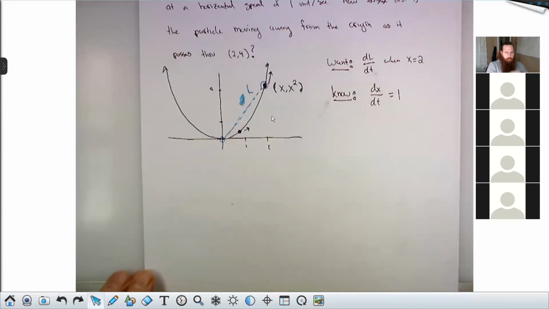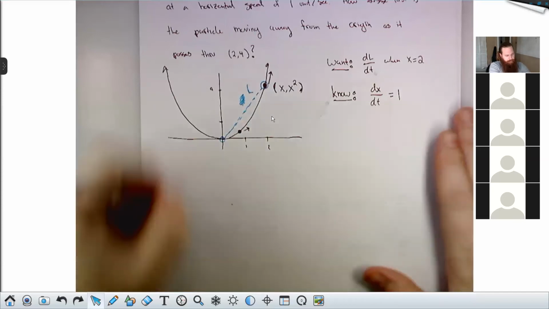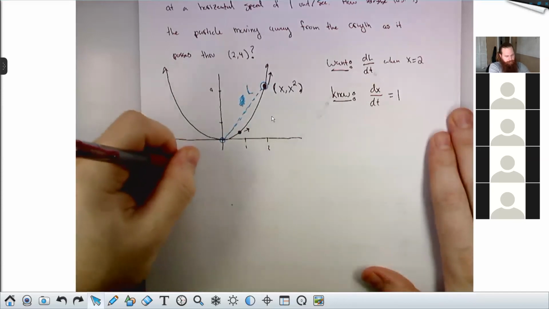So how do I find the relationship between x and L? You need your distance formula.